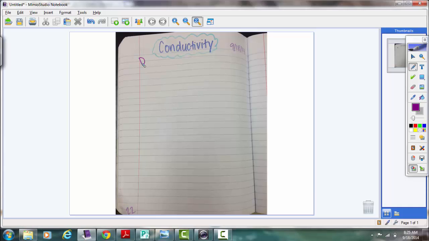And that question is, does the material or substance allow heat or electricity through? So if we want to know if an object has the property of matter called conductivity, this is our big question that we will ask.